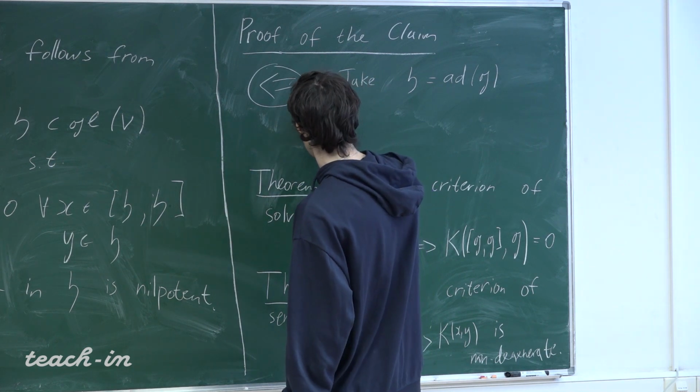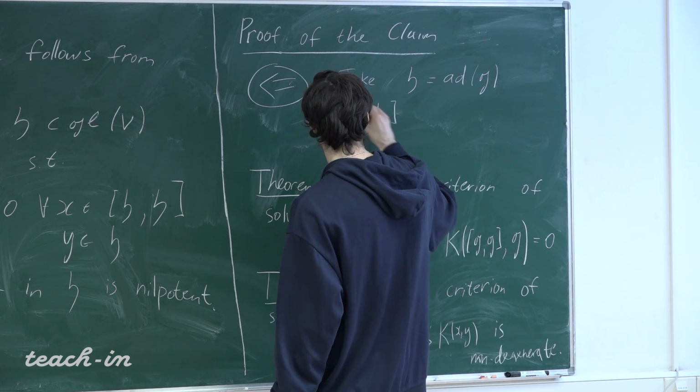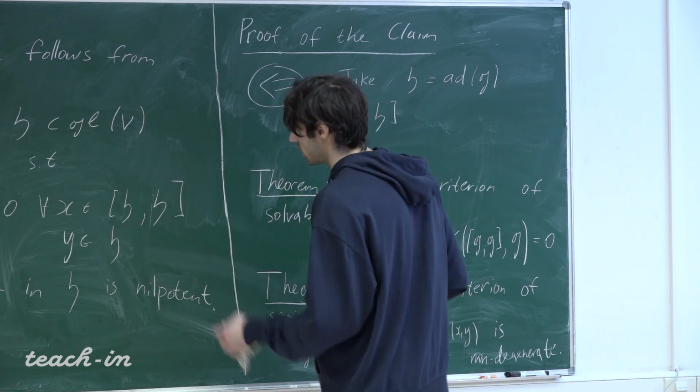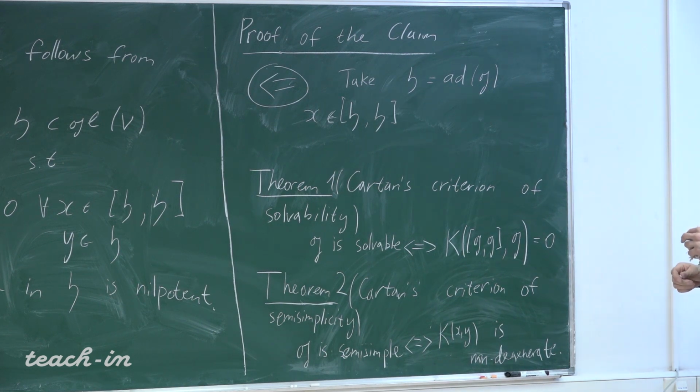So if I take x from h, from the commutant, the trace is linear, so I can assume that it's not a linear combination of commutators, but just a commutator.